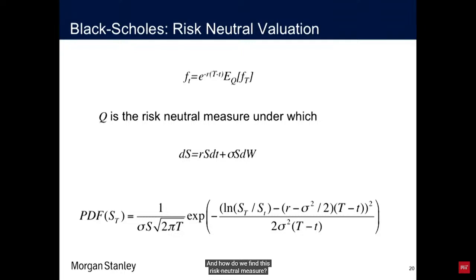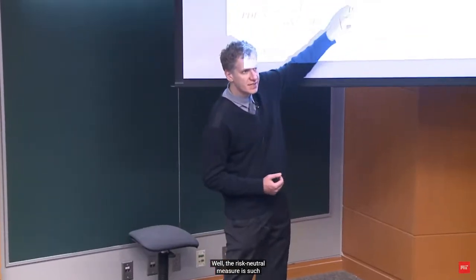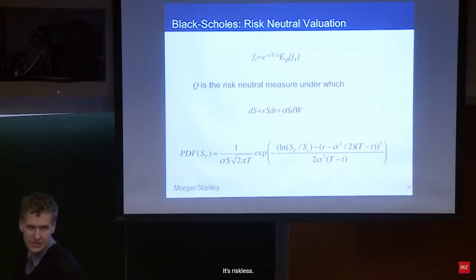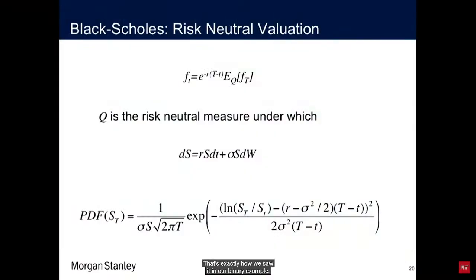And how do we find this risk neutral measure? Well, the risk neutral measure is such that the drift of our stock is actually the interest rate. It's riskless.